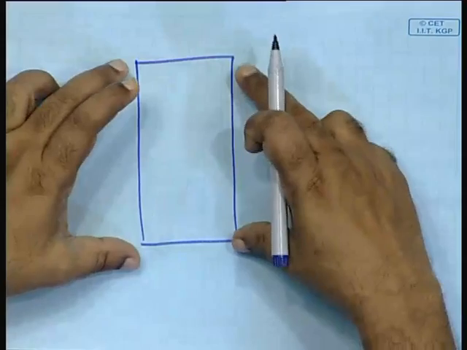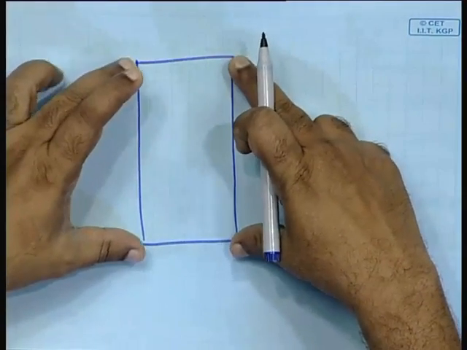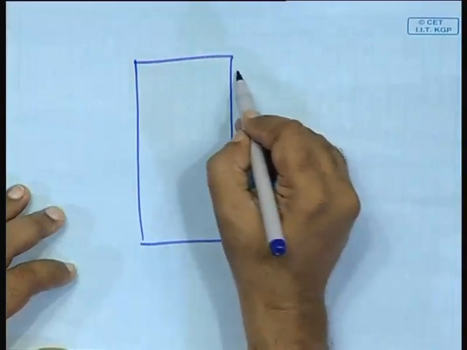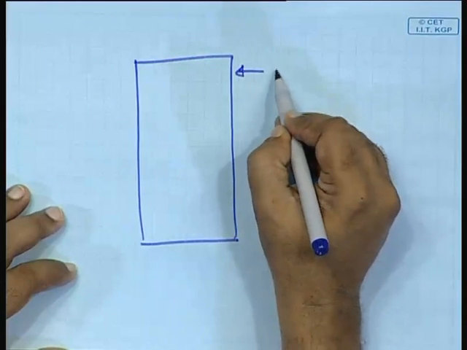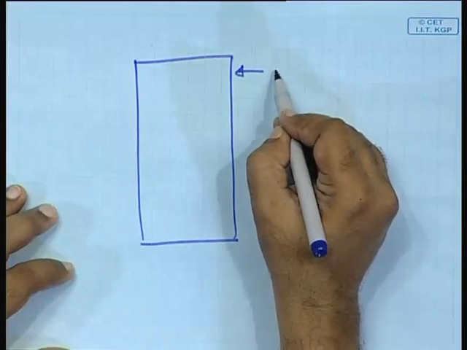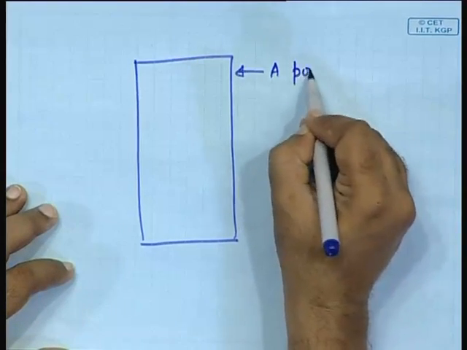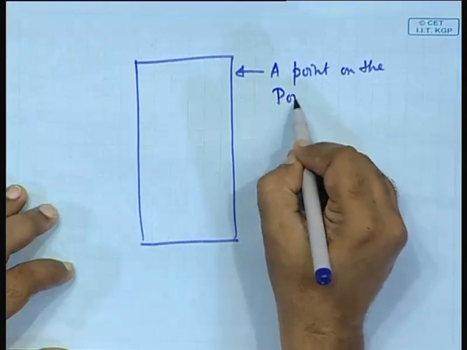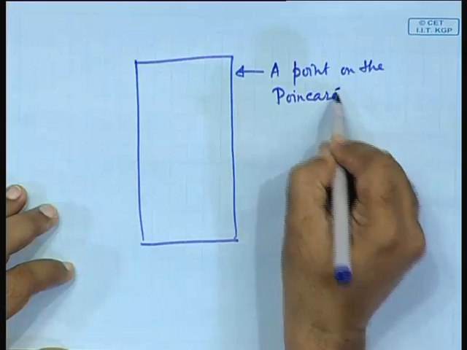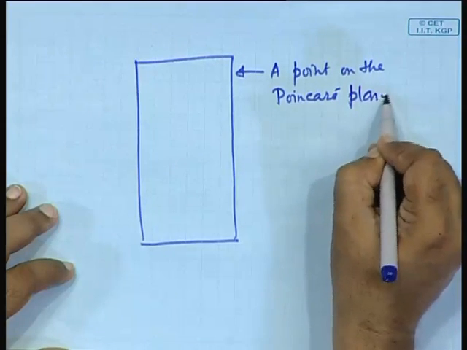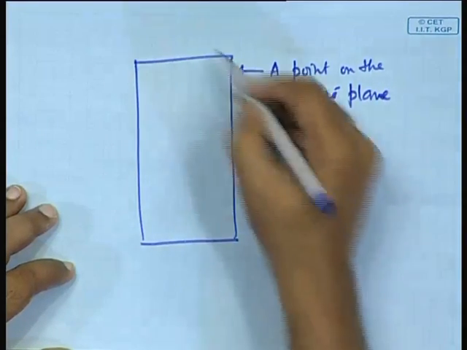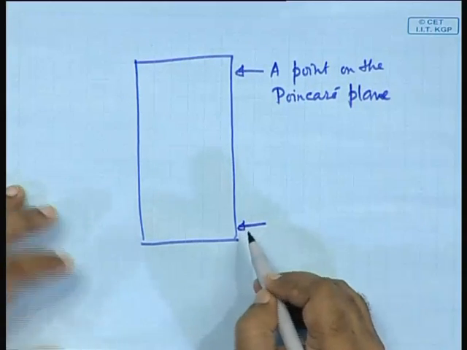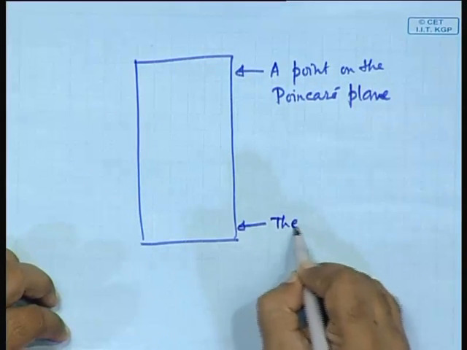It is a particular portion of your computer code in which the first line should give a point on the Poincare plane, and it should end with the next piercing.